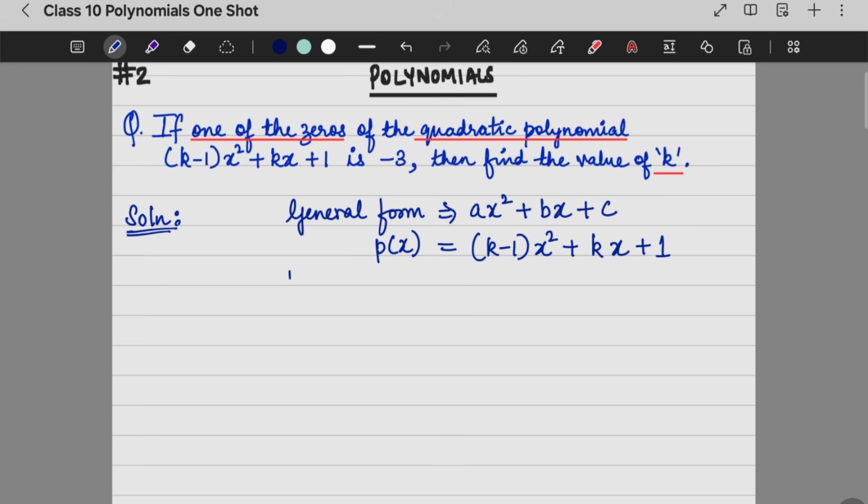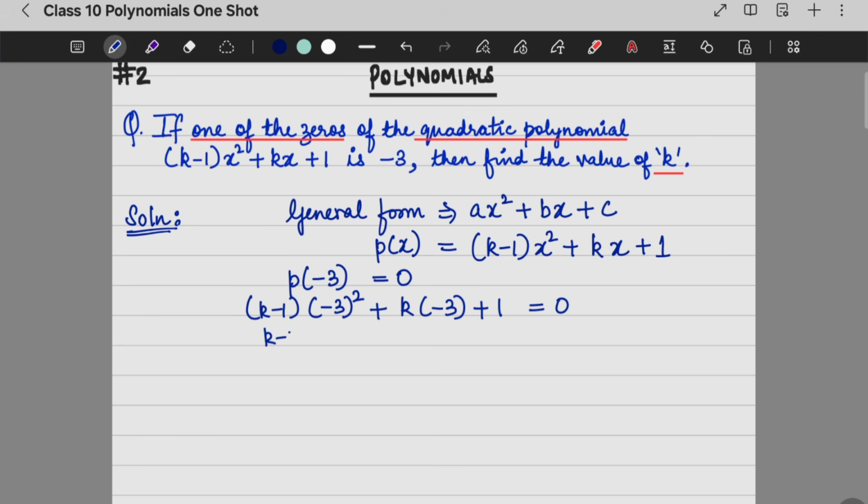I am also given that one of the zeros of this polynomial is minus 3, which means p of minus 3 is 0. Instead of x, let us substitute minus 3: (k minus 1) into (minus 3) square plus k into minus 3 plus 1 is equal to 0.